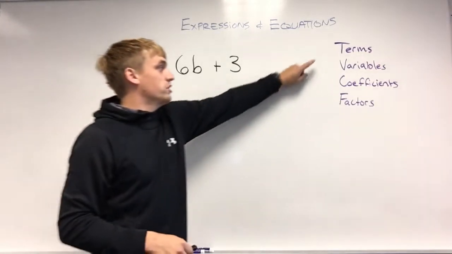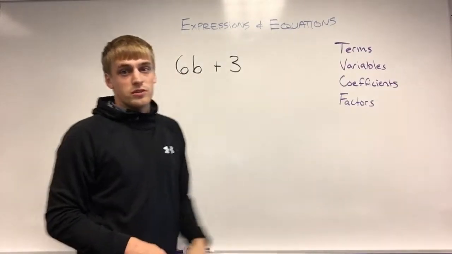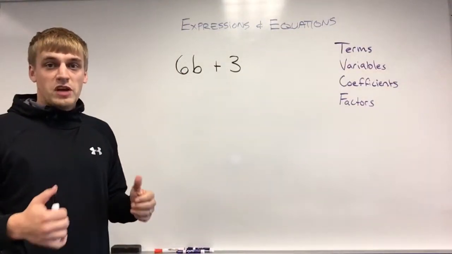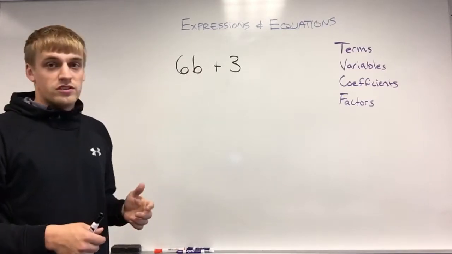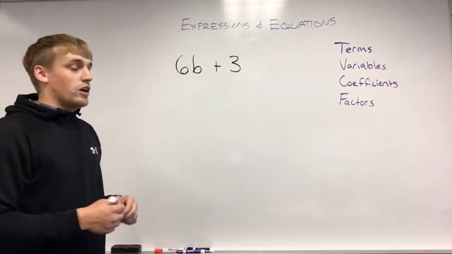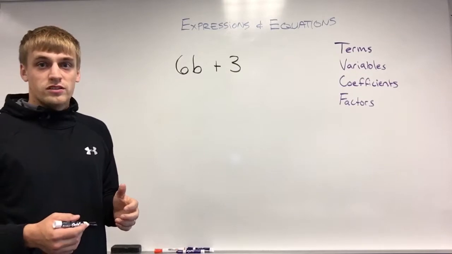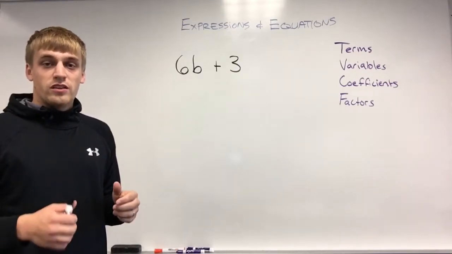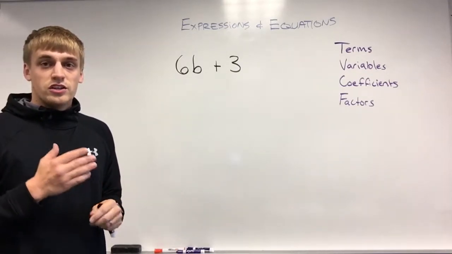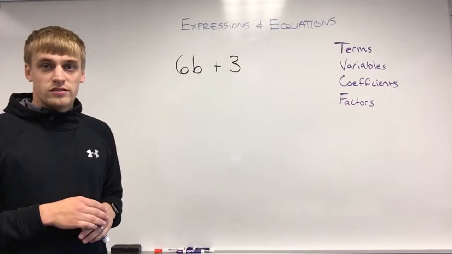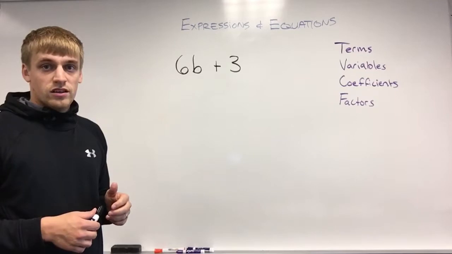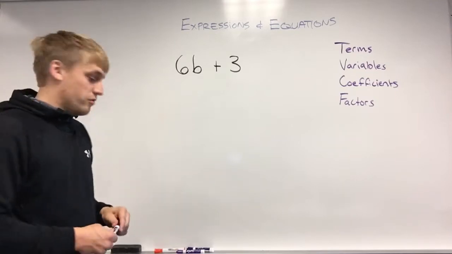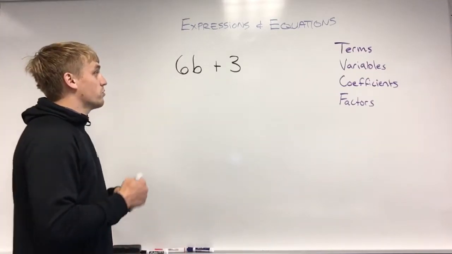And one of the words that we need to talk about is the word terms, okay? Expressions are made up of terms. That's one of the things they're made out of. How you identify terms is by separating the expression at its addition and subtraction signs. Okay, so in this case, I'm going to find the addition sign, and I'm just going to draw a big line through the expression.